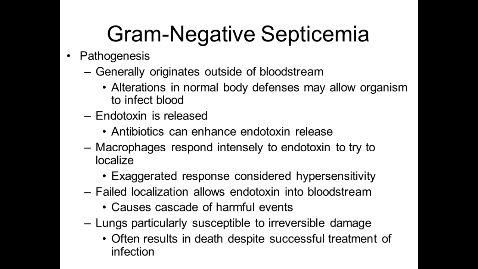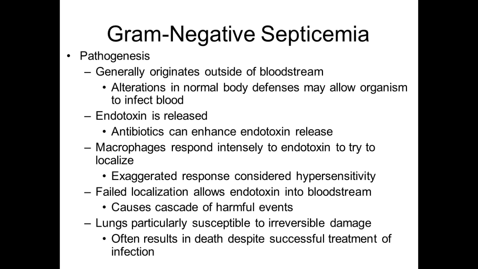Endo means within. So it's the lipid A component of the lipopolysaccharide of those gram-negative bacteria that gets released when they're killed. Macrophages respond intensely to this, right? And endotoxins can really cause a really aggressive response, almost a hypersensitivity response. Failed localization is what allows the toxins to then get into the bloodstream.